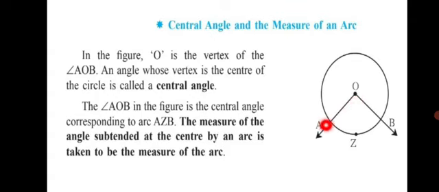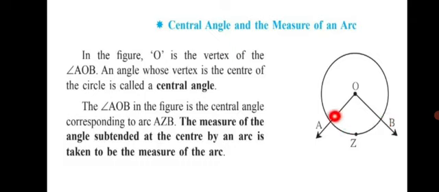So the angle AOB is the central angle which is corresponding to the arc AZB. The measure of the angle subtended at the center by an arc is taken to be the measure of the arc. So whatever is the measure of angle AOB will be the measure of arc AZB.